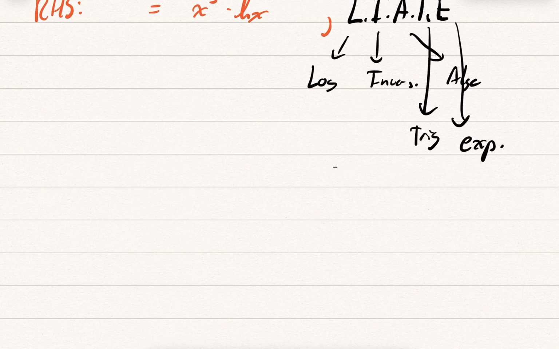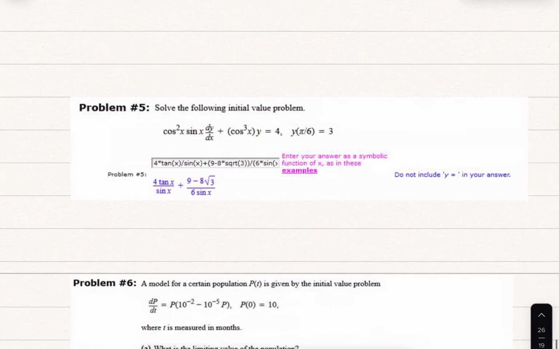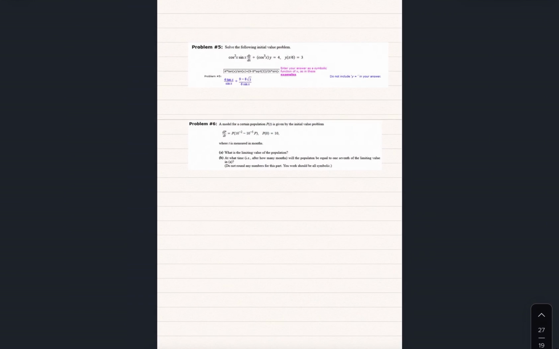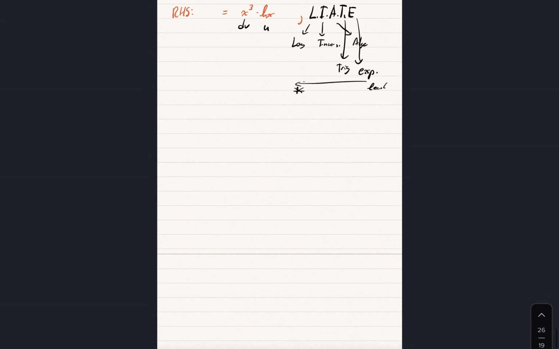It goes from least to most important. So I'm setting this as my u, whatever else is my dv, of course. I'm just going to go from there. So, let's move this down. All right, cool.